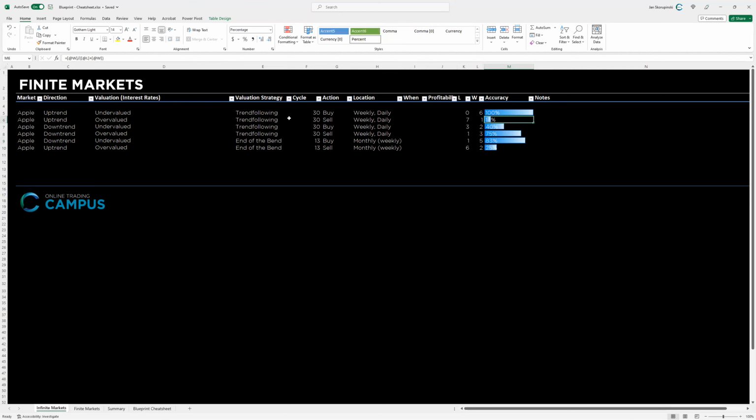And what we don't want to do is anything against the trend. And we also don't want to look at overvalued readings on the 13-week cycle. We also really don't want to do that either, as we buy against the trend. So now we've got our action metrics. Now we know what to do and when to do it, for Apple.